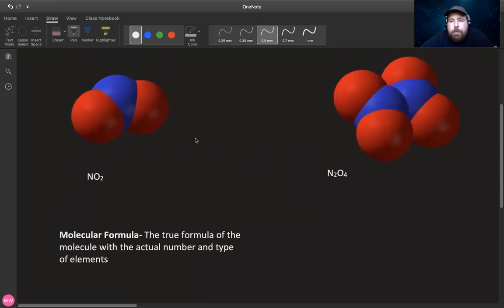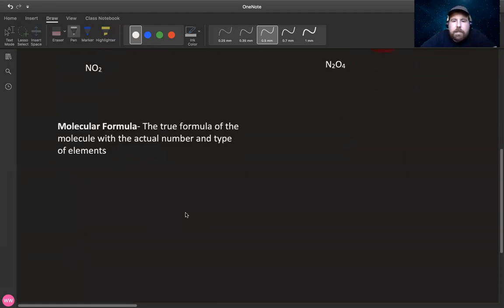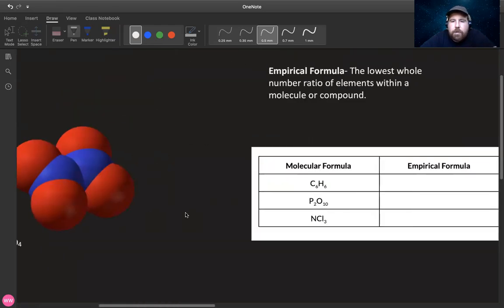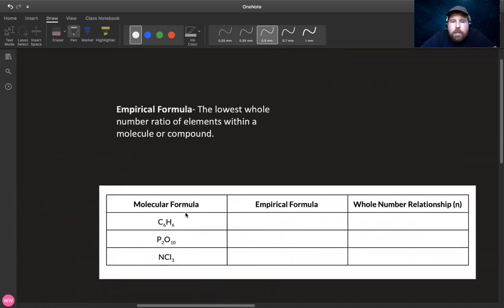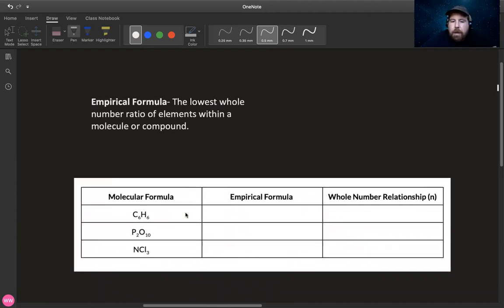So the molecular formula for nitrogen dioxide would be NO2, and the molecular formula for dinitrogen tetroxide would be N2O4. As far as the empirical formula goes, this refers to the lowest whole number ratio of elements within the molecule or compound.